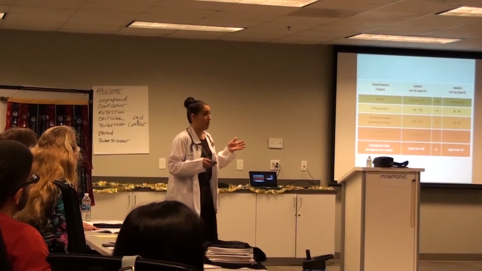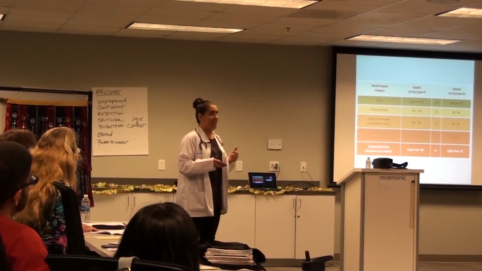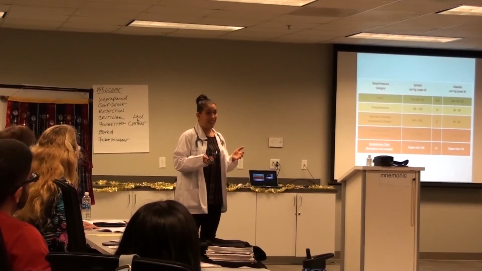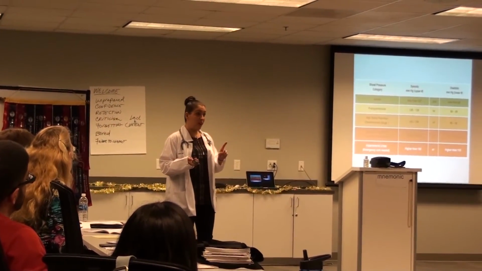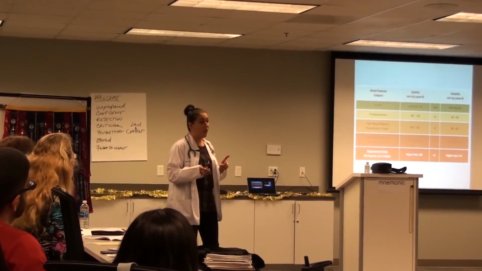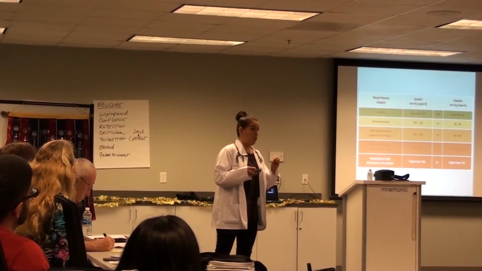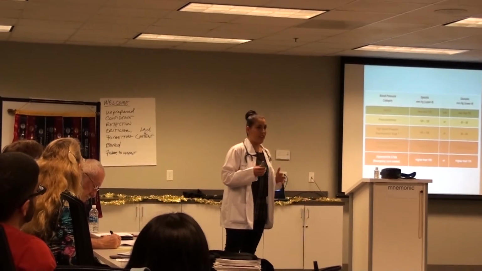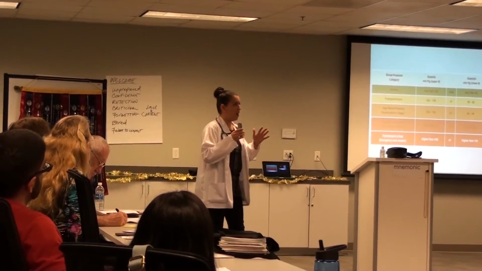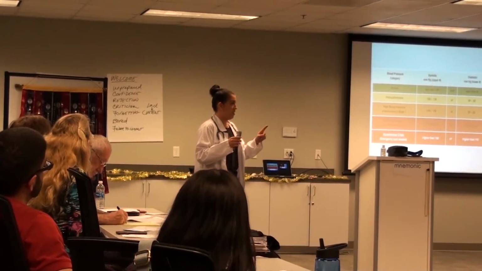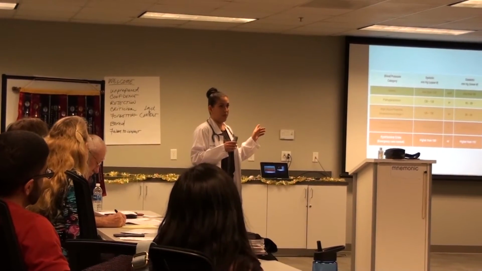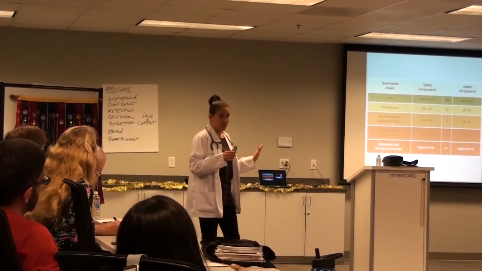Somebody can have a blood pressure of 90/60. Now, that is low. You may think, well, it's really low. However, if somebody is truly athletic and they work out a lot and they're very fit and they're just on the go constantly, but they're healthy, that is a normal blood pressure for them. Anything lower could be pretty dangerous.